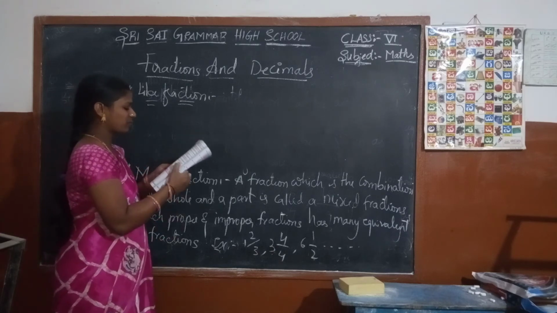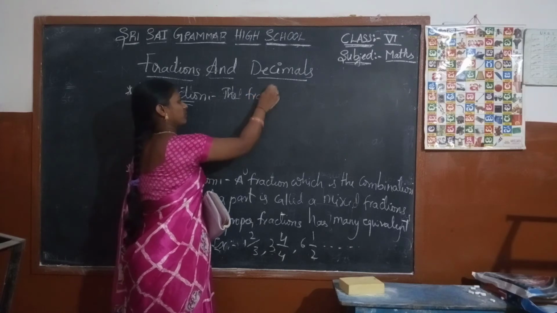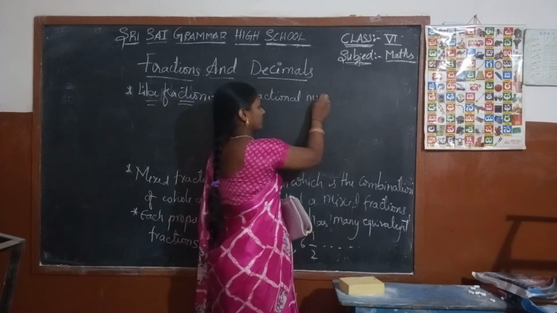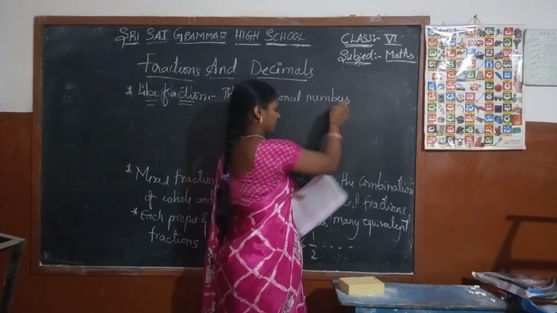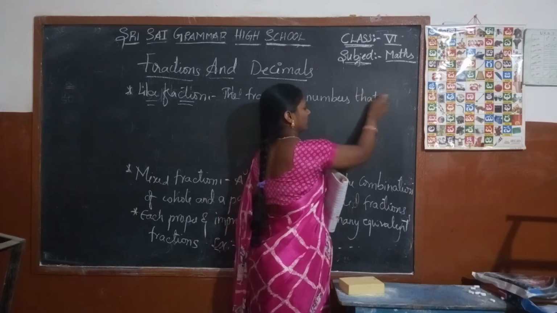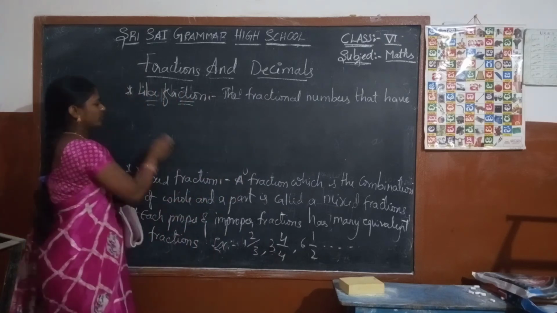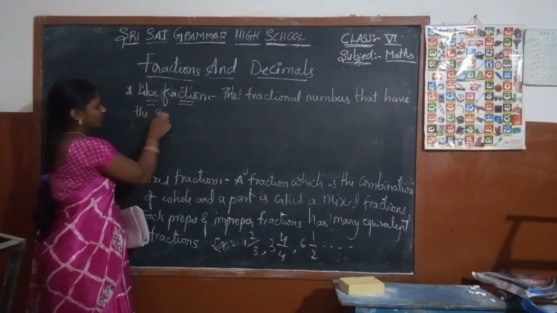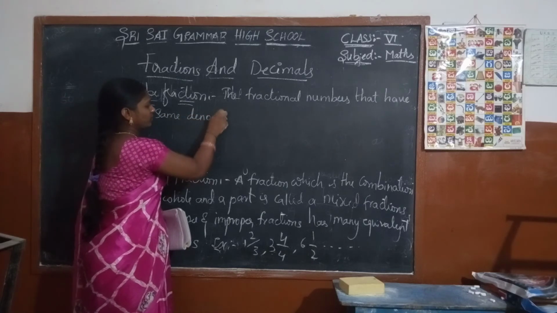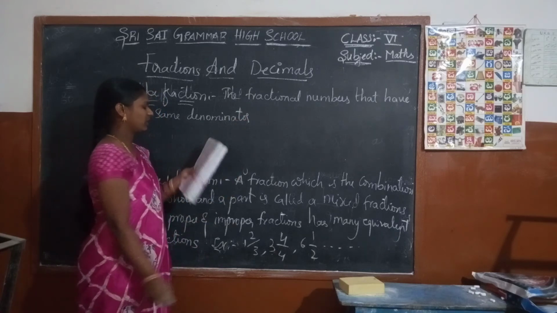Like fractions. The fractional numbers that have the same denominator are called like fractions.